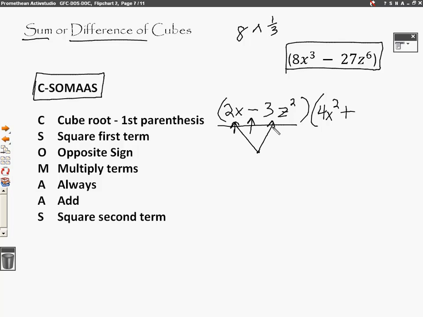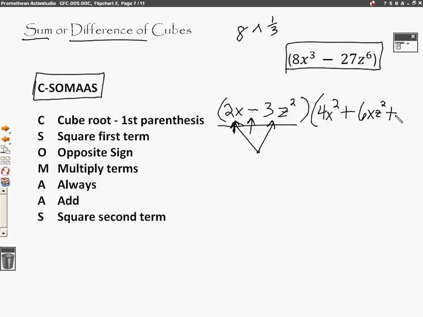I know I'm getting lots of arrows, but I'm almost done. That times that. Now, 2 times 3 is 6. And then these variables are different, so when I multiply them together, I need to write both: xz squared. And then A means always add. So it doesn't matter if this is a minus or a plus, this is always a plus.